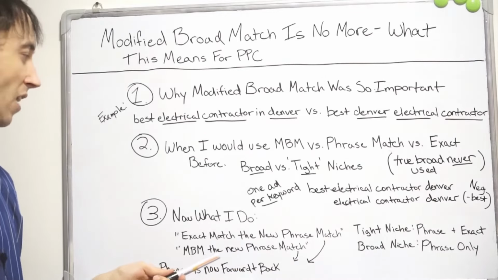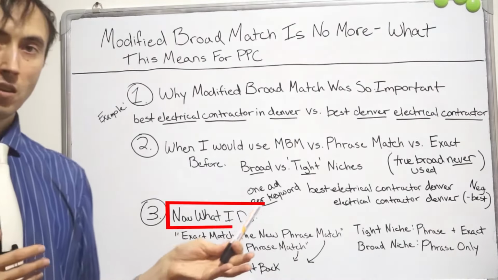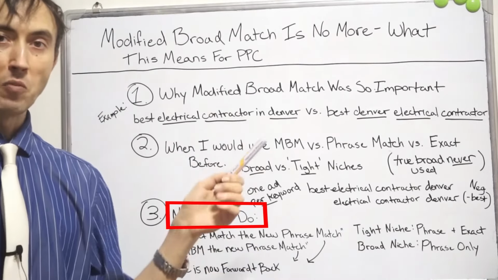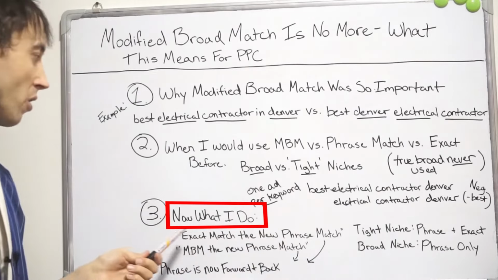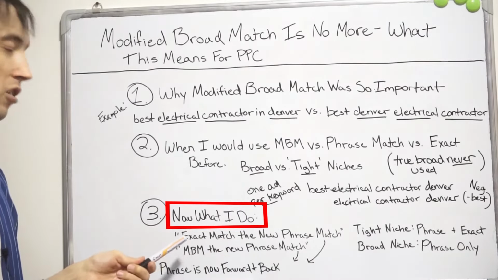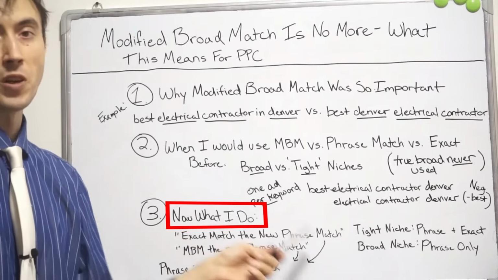And then the point of all this was to move into what we're going to do about modified broad match not being there, and how we want to be able to get more. So what I say now, as a general saying, is exact match is the new phrase match.